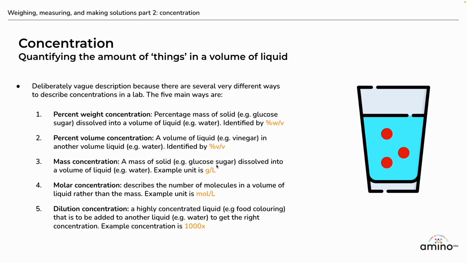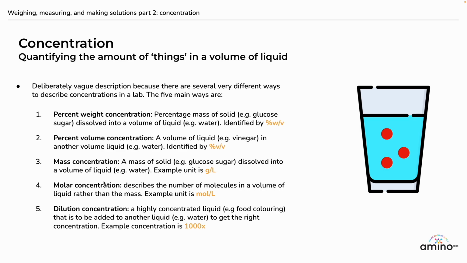And you can have different units here, milligrams per microliter, milligrams per liter. But the important thing is that we're looking at a very specific mass over volume, no percentage here. And this is very widely used in labs, and so it's good to get a handle on this one.